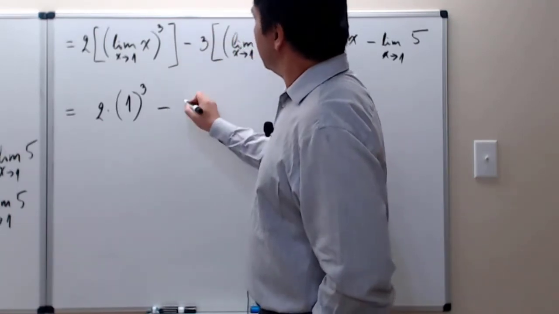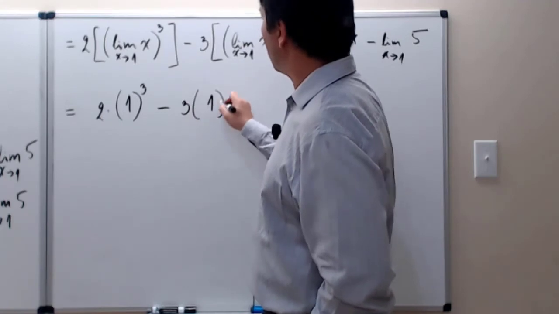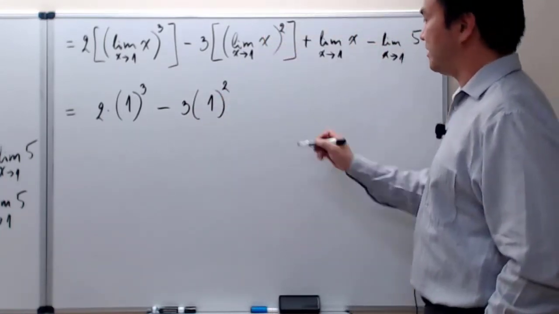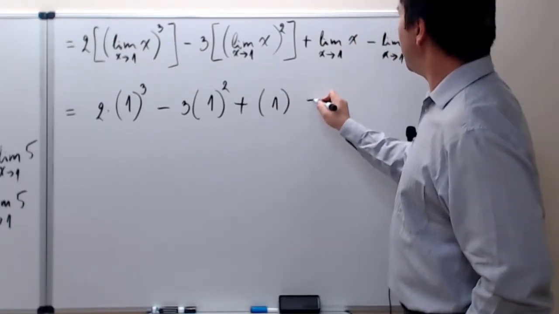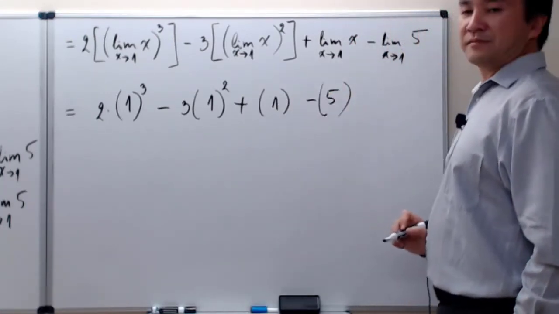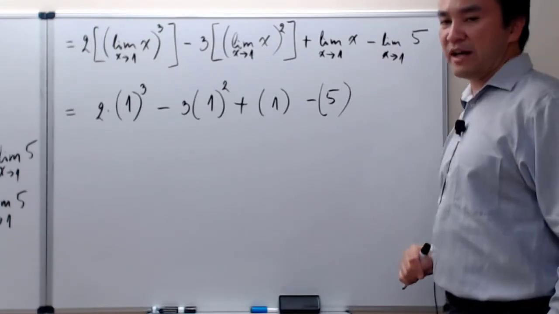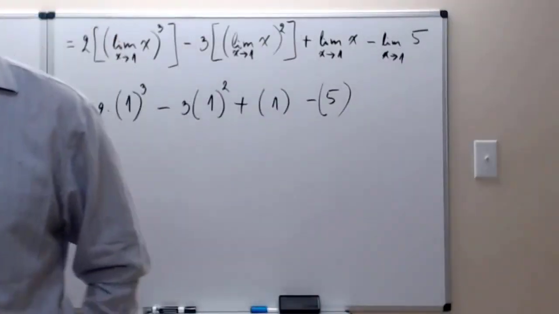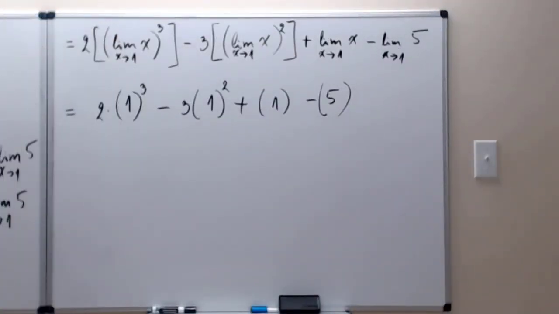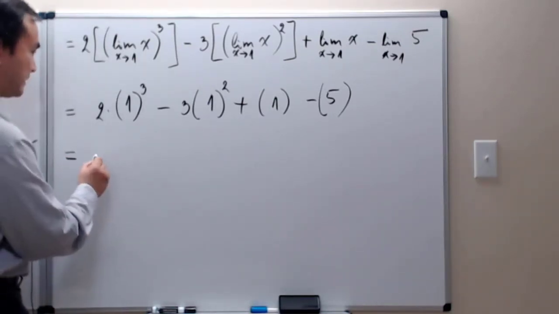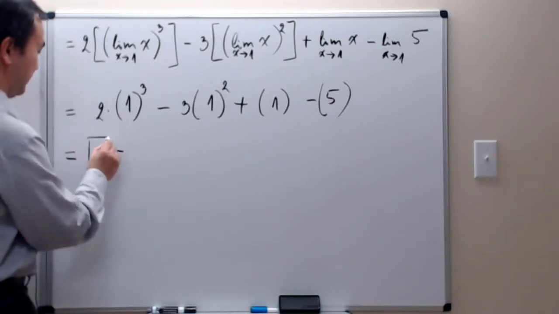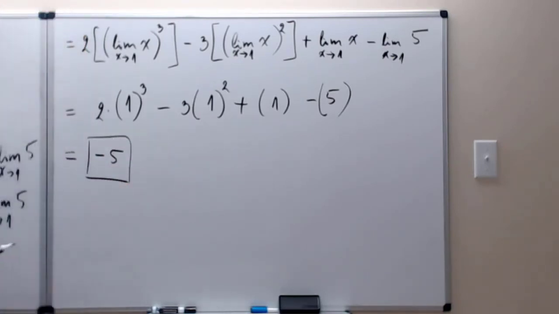Minus 3 times 1 squared, plus this limit here is 1, and minus 5. And so now we are ready for the final calculation. Our final answer is -5. And that's how we have found it.